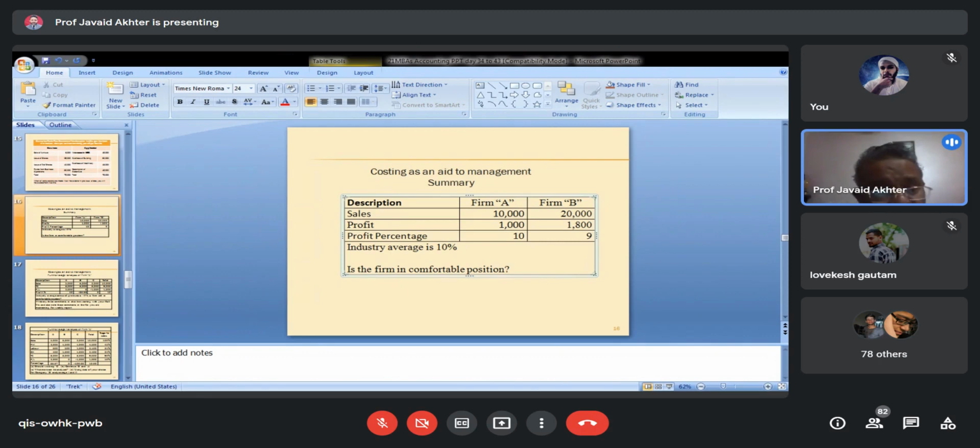This firm belongs to a particular industry, and in that industry, average profitability is somewhere around 9 and 10%. Somebody is making 10%, somebody is making 11%, somebody is making 9%. That being the case, is firm A in comfortable position or it is not?